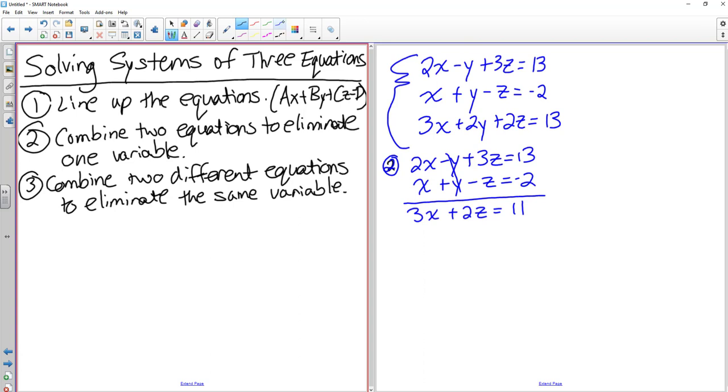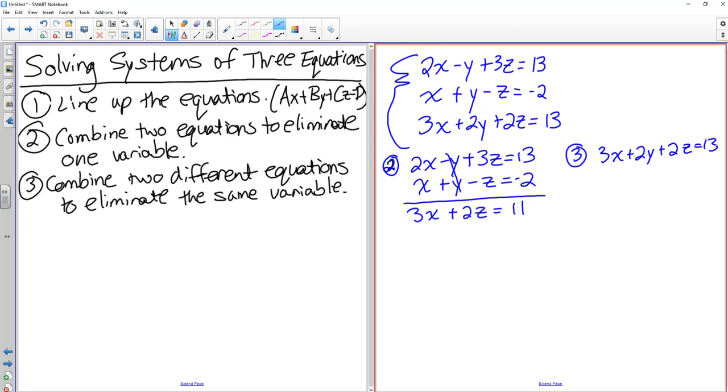So let's see if I can fit this right next to it. Now I want to also eliminate y. I'm going to have to use 3x plus 2y plus 2z equals 13. I have to use that equation because I didn't use it when I combined in step 2. So I'm going to have to use the third equation.